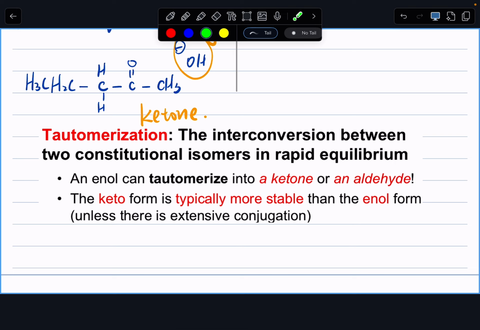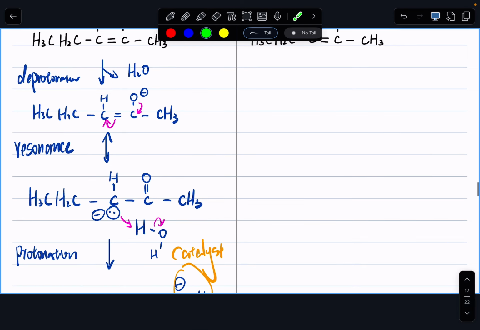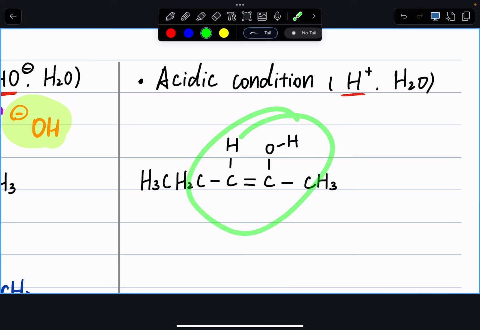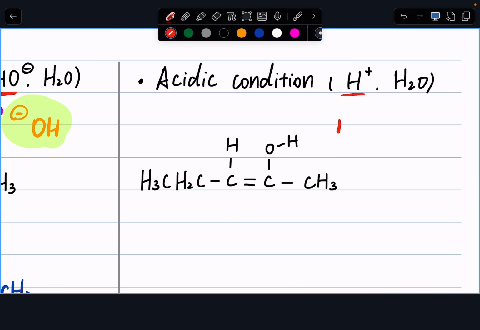So let's look at the keto-enol tautomerization mechanism under the acidic condition, right? So we start from my enol. And now I have a proton around. In this case, we're looking at the acid catalyzed keto-enol tautomerization.